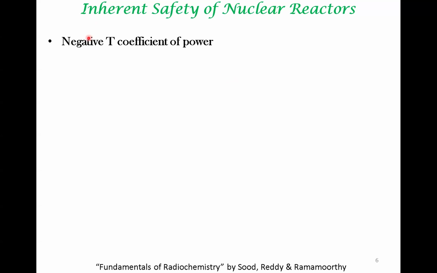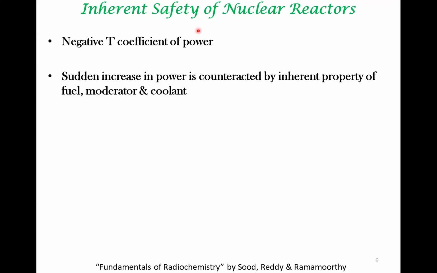How you have a negative temperature coefficient of power is an important topic in nuclear reactor research. We won't go into this detail, but it is important to have this feature built into the system so that the nuclear reactor is inherently safe. So a sudden increase in power is counteracted by the inherent property of fuel, moderator, and coolant.